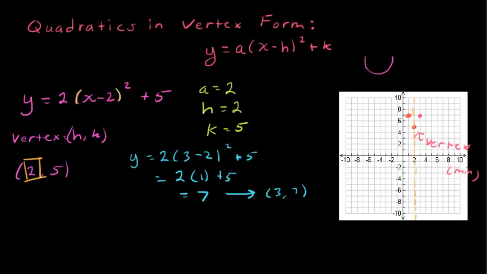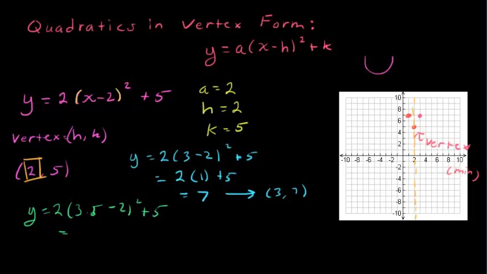Alright, let's do one more. So, I don't know, let's do 3.5, because I think if we plugged in a 4, we'd be off the graph, and we don't want that. So y equals 2 times 3.5 minus 2 squared plus 5.